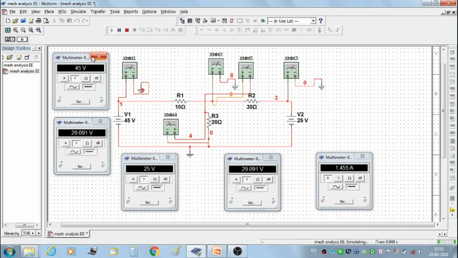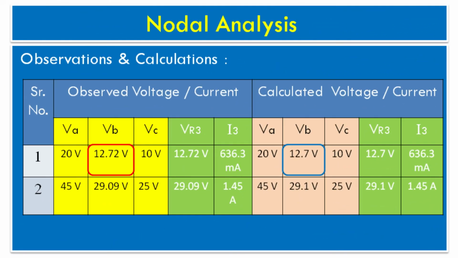We get voltage VA equal to 45 volt, voltage VB equal to 29.091 volt, voltage VC equal to 25 volt, voltage VR3 equal to 29.091 volt and current I3 equal to 1.455 ampere. This is our second set of readings in nodal analysis. Then stop the simulation. Now see observations and calculations.